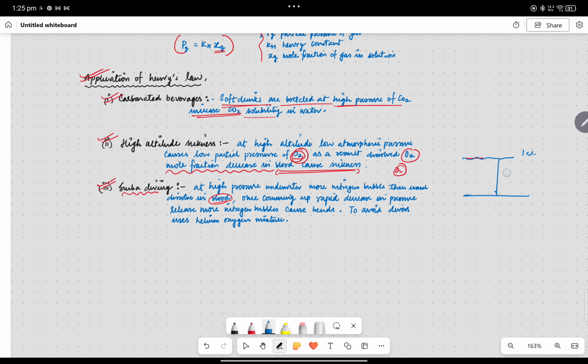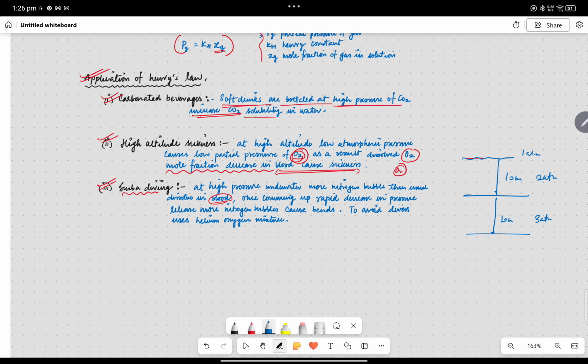As you go 10 meters in depth, the pressure increases by 1 atm per 10 meters. Then you go 10 meters down again, and it will become 3 atm.